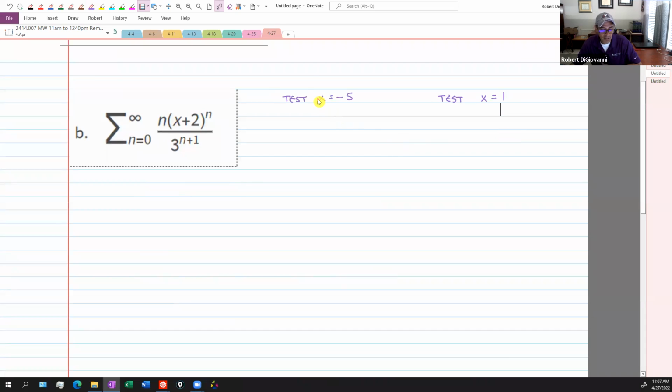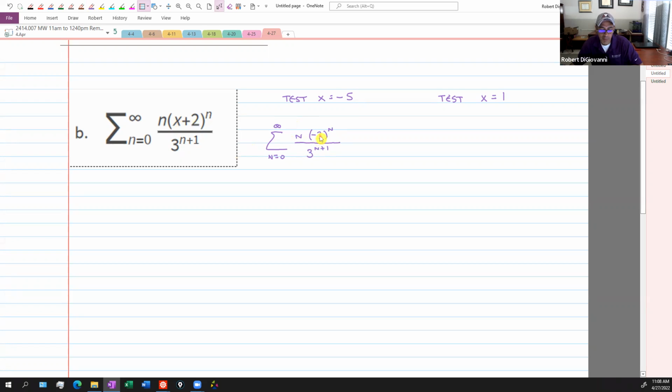So if I do -5, all I'm going to do is replace every x I see with -5. So the series becomes sum n equals 0 to infinity. And okay, if I replace this x with -5, I'm gonna get -3 to the n over, and then on the bottom I have 3 to the n plus 1.